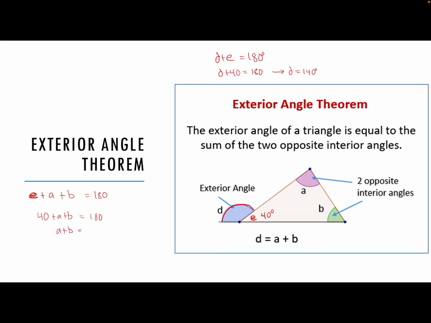And so we get A plus B has to equal 140 because we subtracted 40 from both sides. But the point is the exterior angle always has to be the sum of angle A and B because the three angles add to be 180, but the linear pair also has to add to be 180. So D is always going to be what these two angles are.